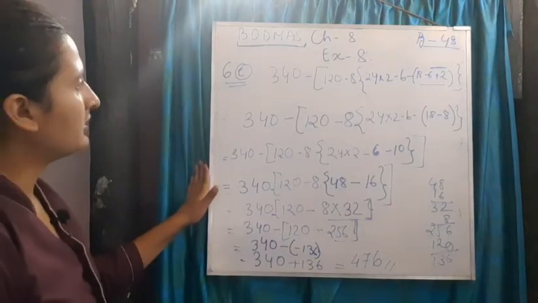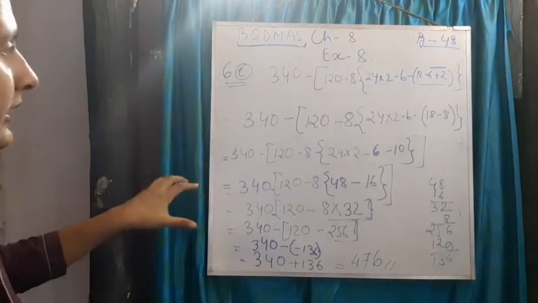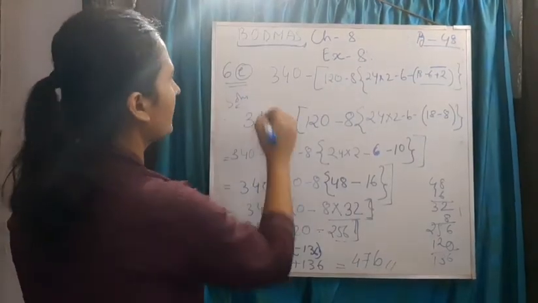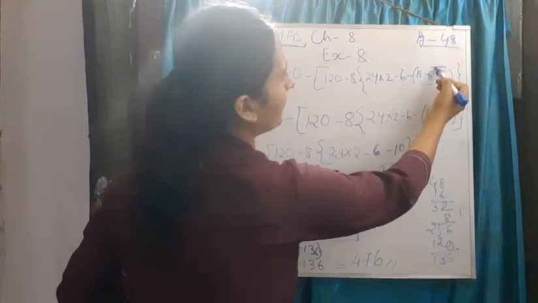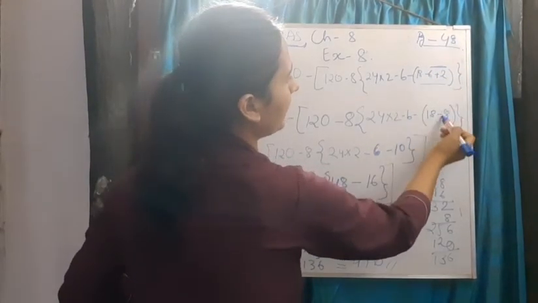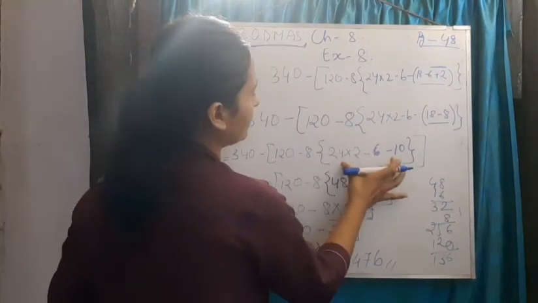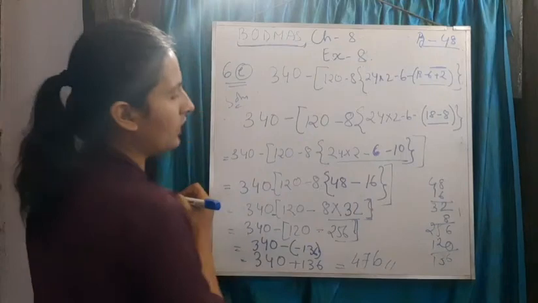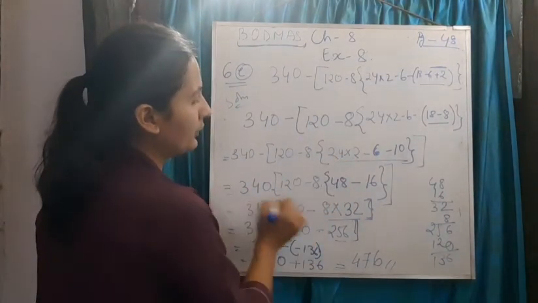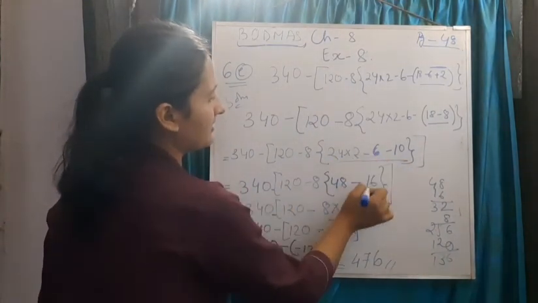So let me give you a quick revision on this, how we did it. First, we bracketed this 6 plus 2, we did 6 plus 2, 8. Then we solved this portion, 18 minus 8 is 10. Then we solved this portion where we get 24 into 2 is 48 minus 6 minus 10 minus 16.